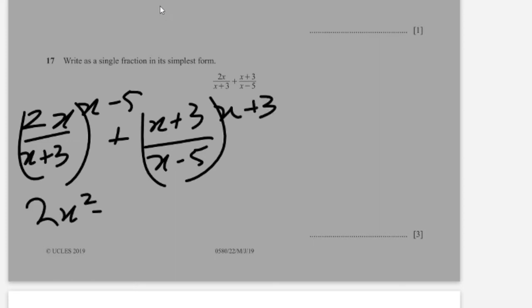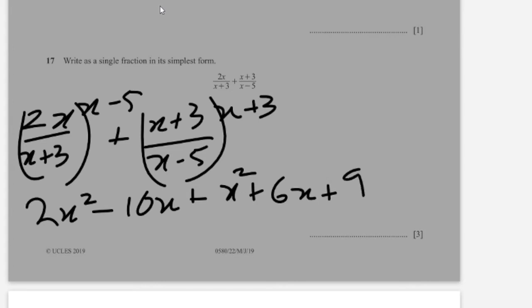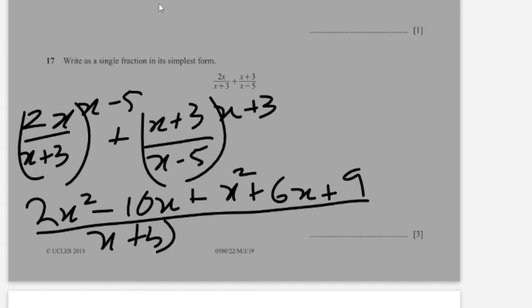2x squared minus 10x plus x plus 3 the whole square, which would give us x squared plus 6x plus 9, divided by x plus 3 into x minus 5.